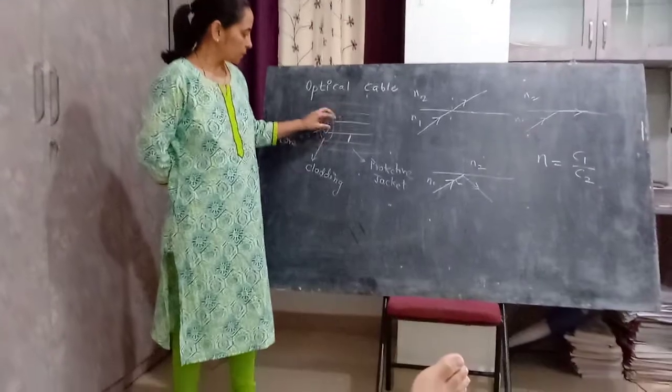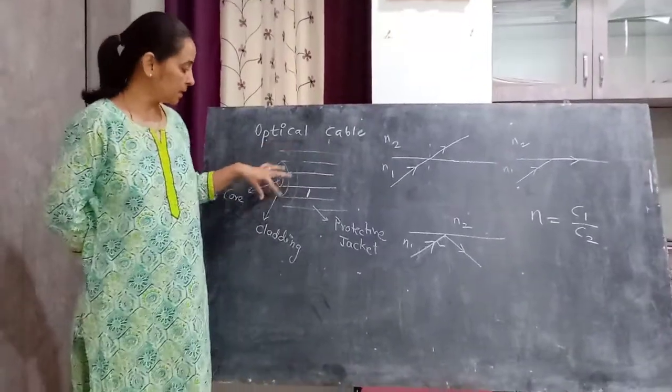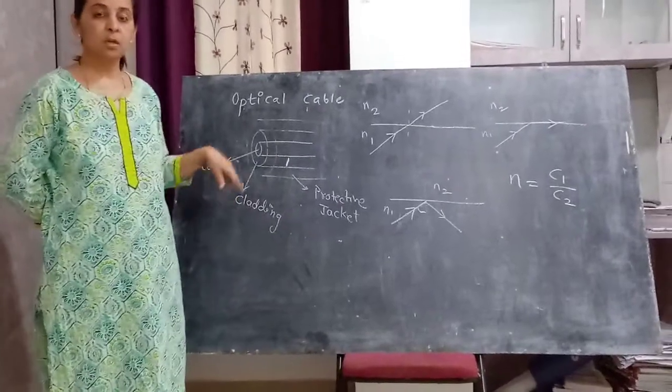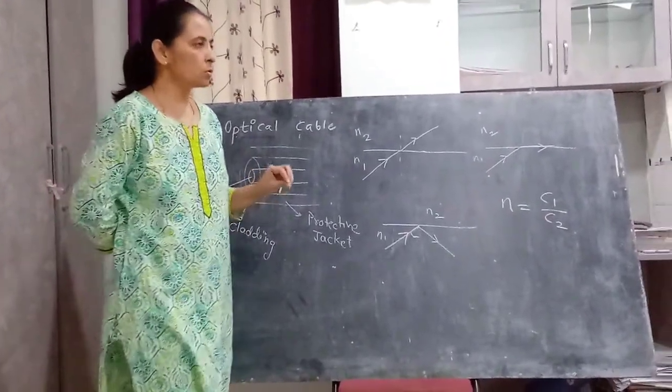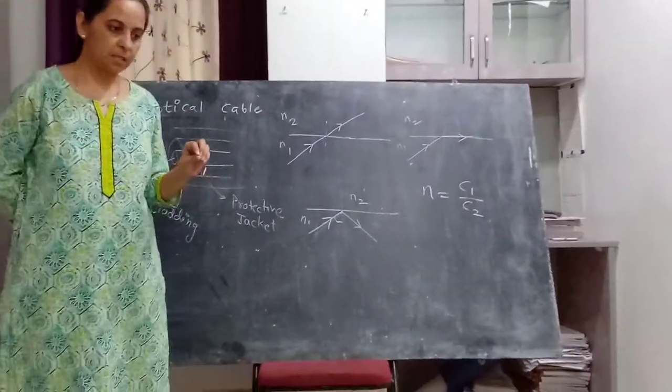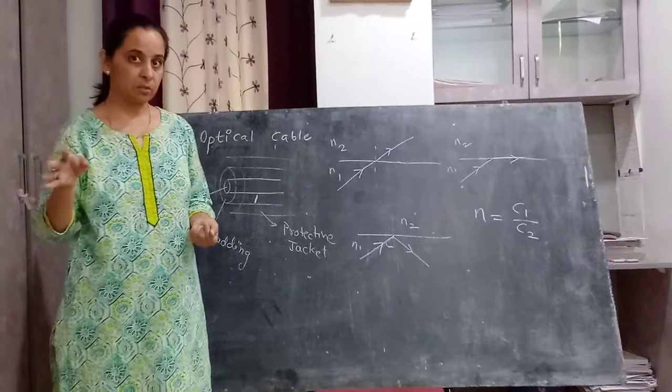So now, why two different names, if both are of glass? Here comes the logic of Snell's law. In Snell's law, what we have seen, the angle of incidence is equal to the angle of reflection, right?